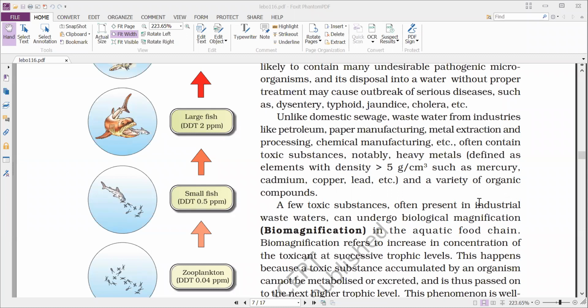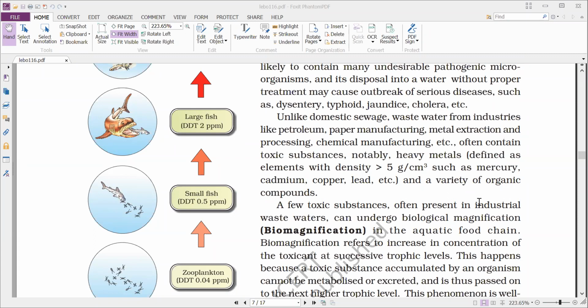So now the accumulation comes to 5 parts per million. So from 0.0001 parts per million, it has now changed to 5 parts per million in the climax carnivore.